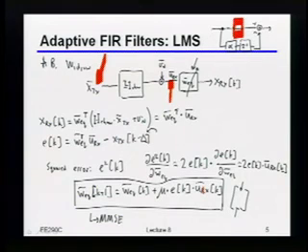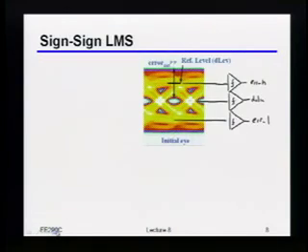Okay? So basically what we're going to do, as an example, is if we want to figure out what the error is around the high level, we're just going to take a comparator, set its threshold to be at that high level, and then the output of that comparator will give you a 1-bit estimate of the error. Similarly, if I wanted to find the error around the low level, I can just add another comparator, where the output of that comparator would give you a 1-bit estimate of the error under that condition.